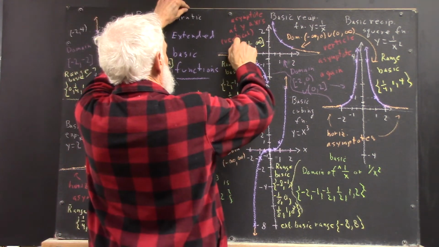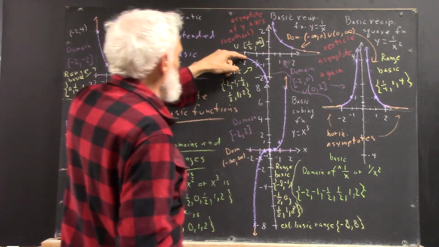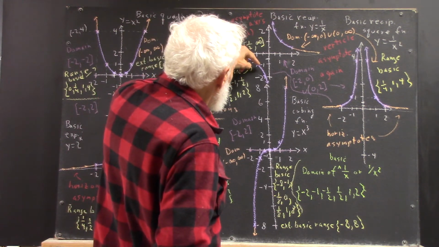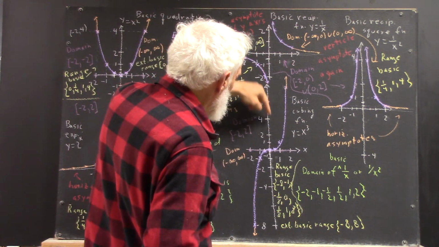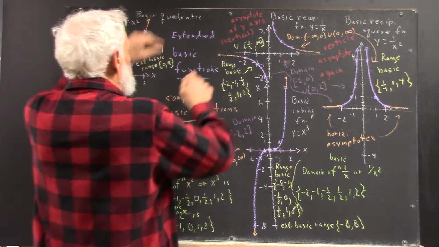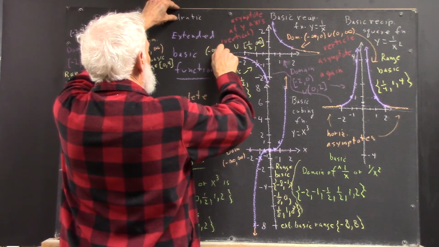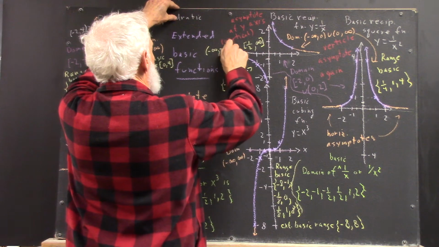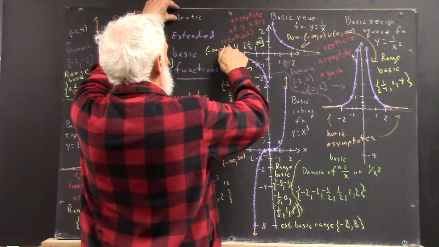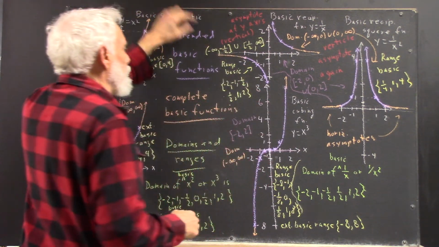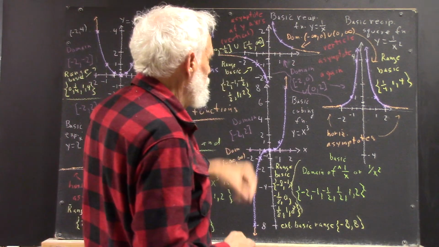The other part is the interval from -1/2 to -1 to -2 and on to negative infinity. So it's negative infinity, -1/2, union 1/2, infinity.